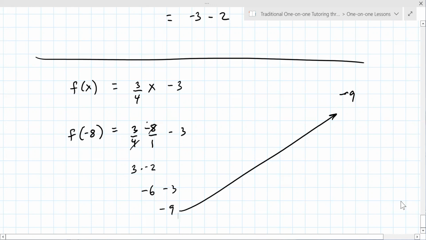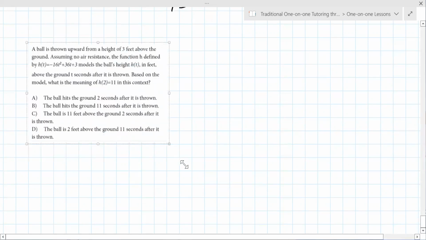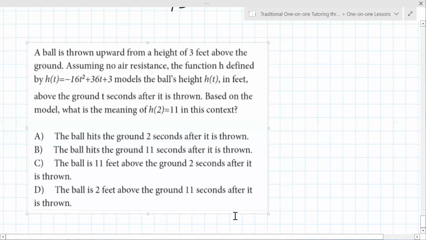Yeah, let's see here. Okay. All right, so we're going to a completely different thing here. When you see a big wordy problem like this, you should go right to the last sentence there.